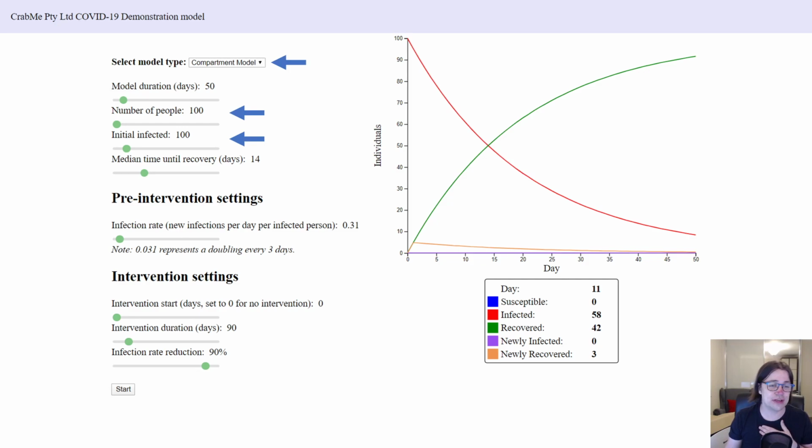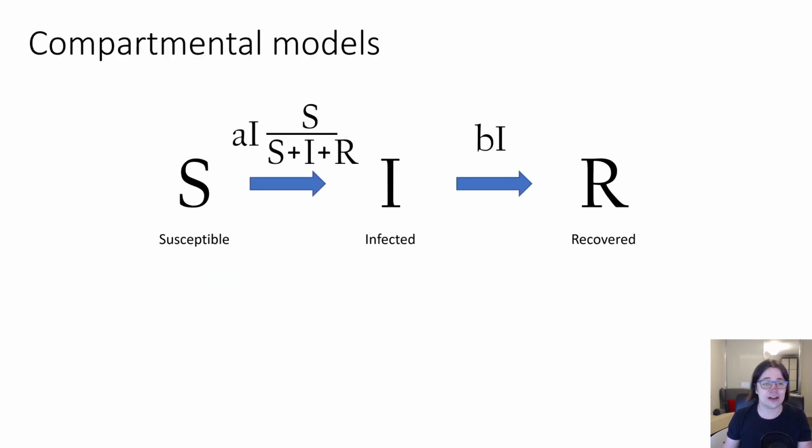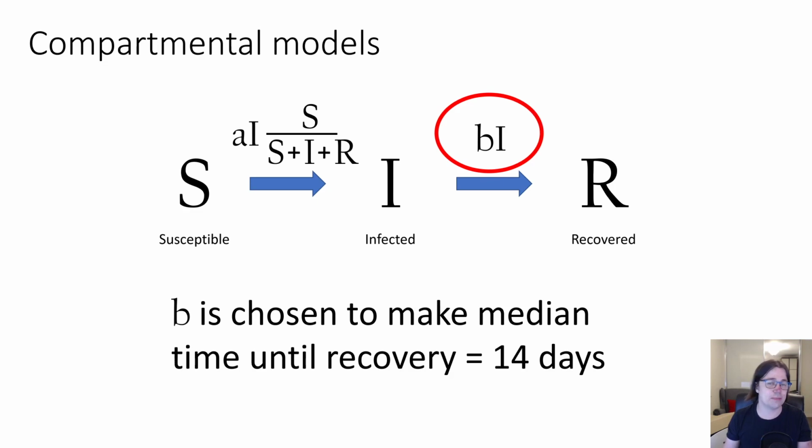So 100% of people in this model are infected. And then we set the median time until recovery to 14 days, which is a fair assumption. There's going to be quite a bit of difference in assumptions about how long this infection lasts, but this is just an example. Coming back to how that compartmental model works, we're looking at this part of the equation.